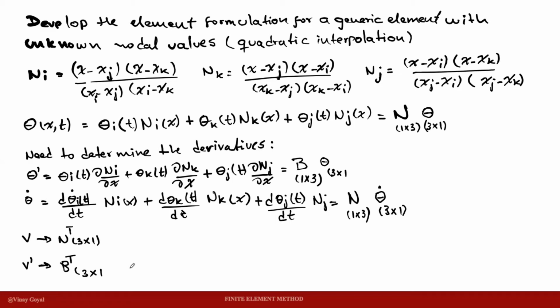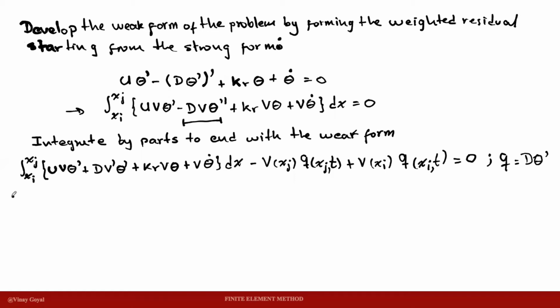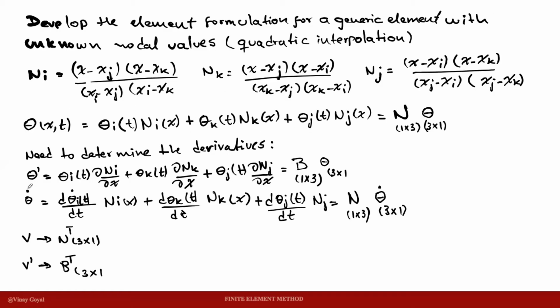If we substitute any derivative theta prime by B theta, any theta dot by N theta dot, and wherever you see V you replace by N transpose and V prime by B transpose, we can rewrite the weak form that we previously developed and define the element formulation. So that's exactly what I'm going to do.